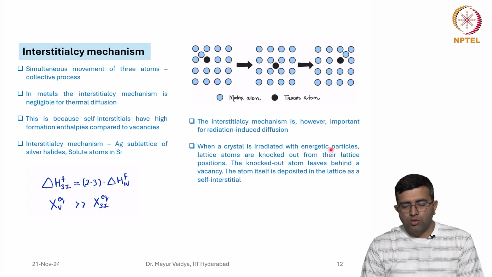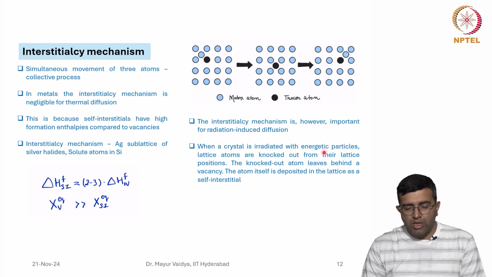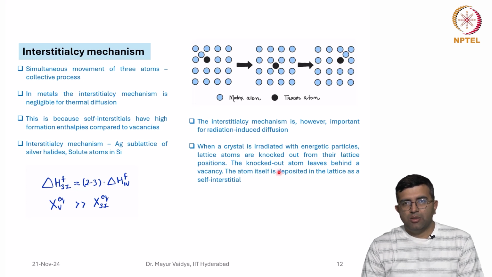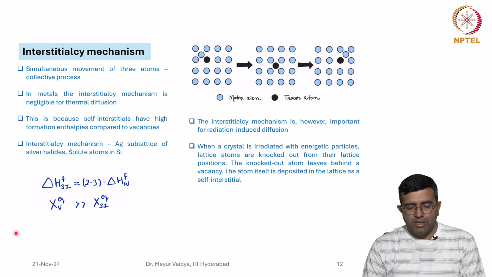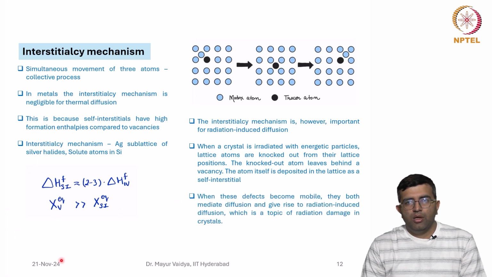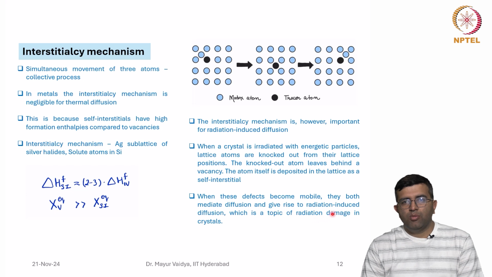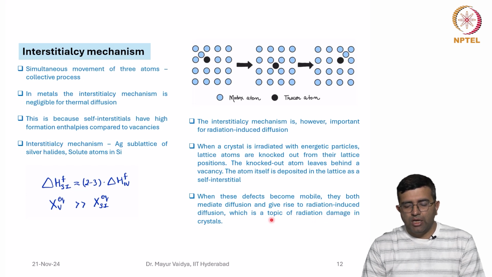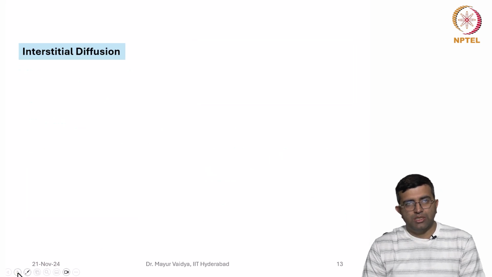As I already told, when a crystal is irradiated with energetic particles, the lattice atoms are knocked out, and this atom is deposited in the lattice as a self-interstitial. And when these defects become mobile, they mediate diffusion and give rise to radiation induced diffusion, which also causes radiation damage in crystals.